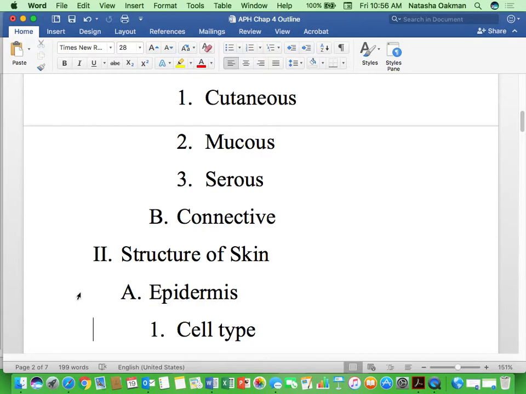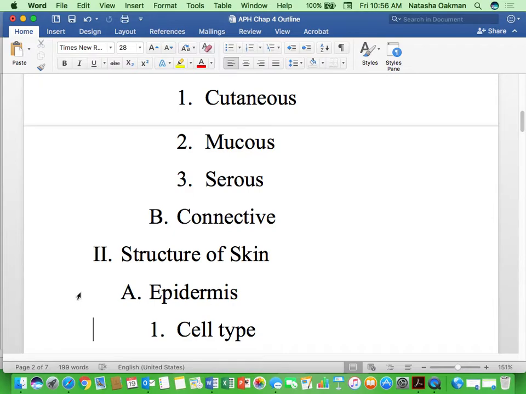Keratin, you might remember from chapter 2, is a structural protein. They sometimes refer to it as keratinizing stratified squamous cell, because not all of it is keratinized.